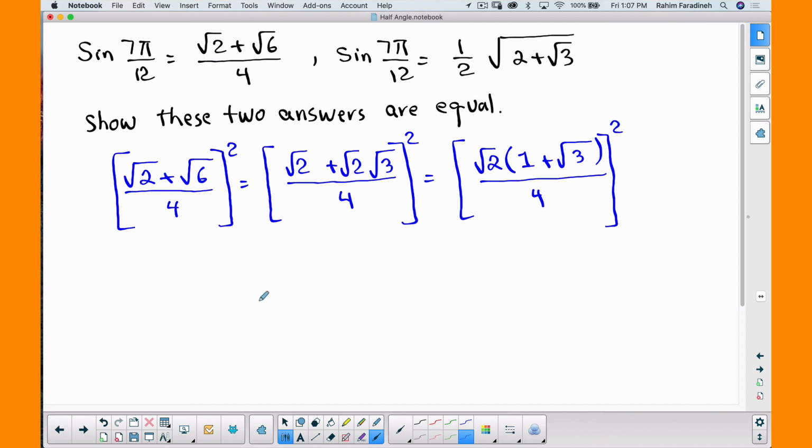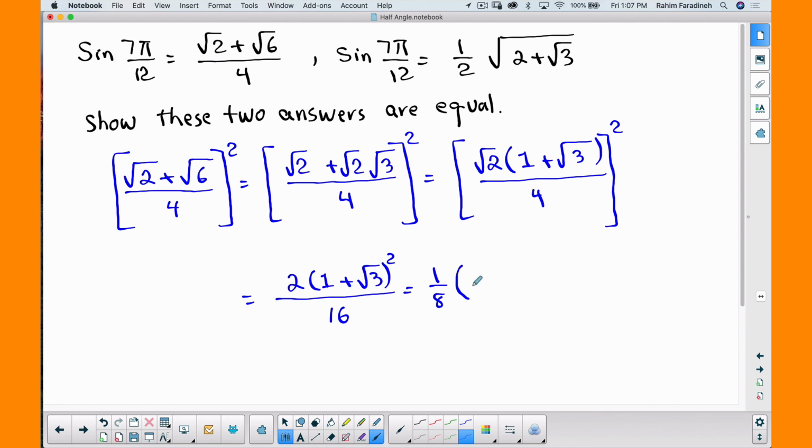I'm still going to square the whole thing. When I square this radical 2, I get 2. When I square 4, I get 16. But when I square this expression, I'm just going to keep it the way it is. Simplify 2 and 16, we get 1 over 8.